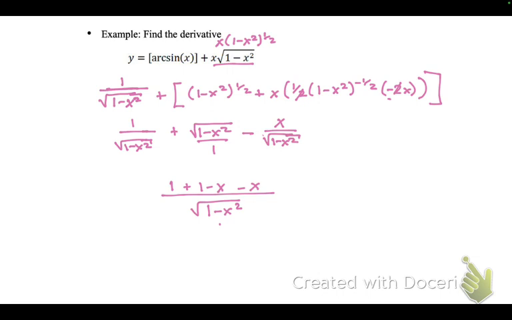So we get 2 times 1 minus x over the square root of 1 minus x squared. Yes?